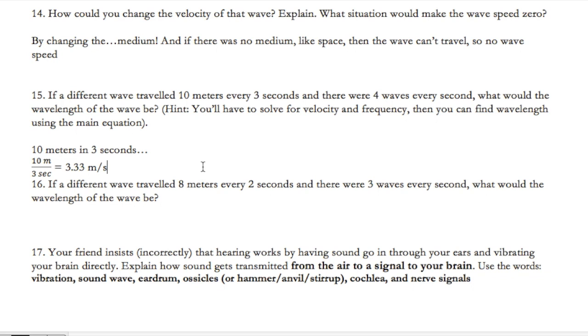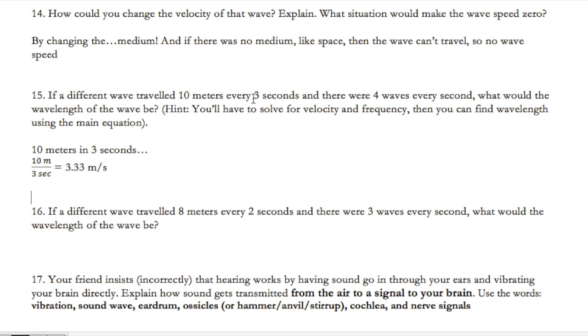So that's the velocity. And then 4 waves every second, what does that mean? What is the definition? Frequency means number of waves per second. So that 4 must be the frequency.